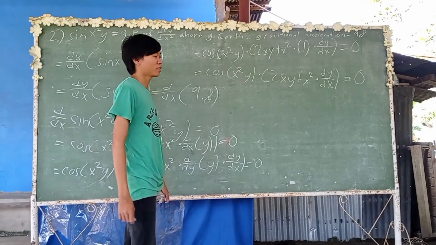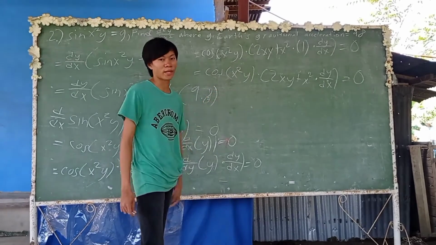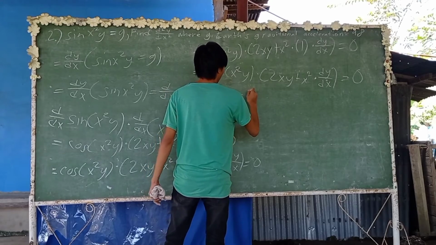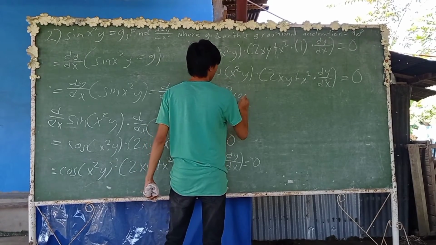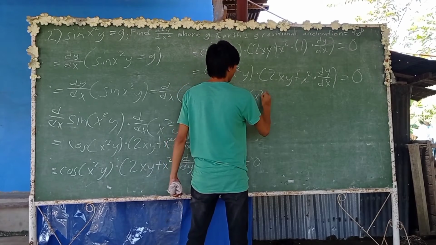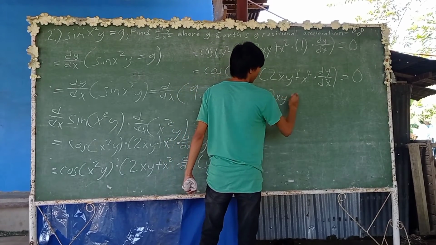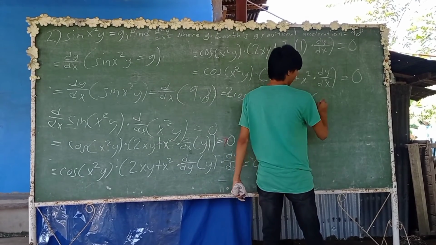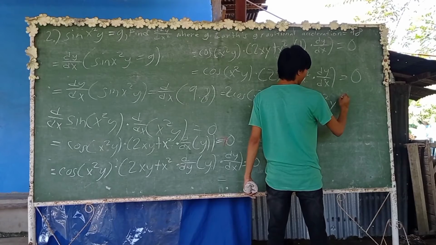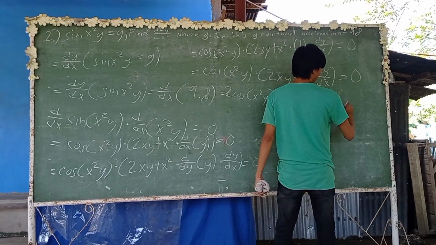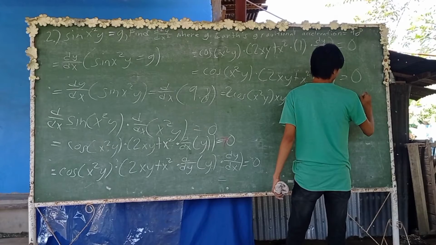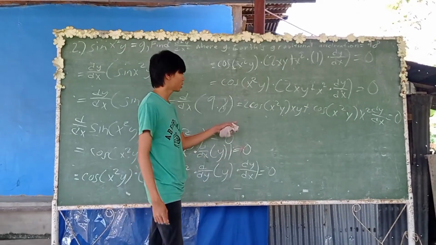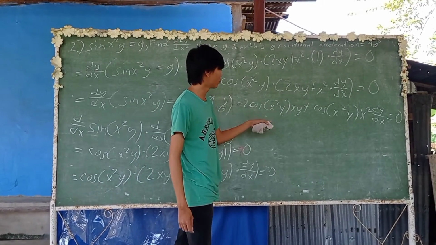Then the next process is to distribute the cos of x squared y inside the parentheses. So 2 cos of x squared y xy plus cos of x squared y x squared dy dx equals 0. Next process is move the 2 cos of x squared y xy to the right.